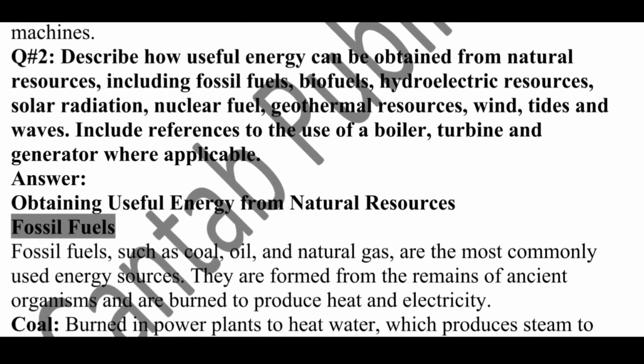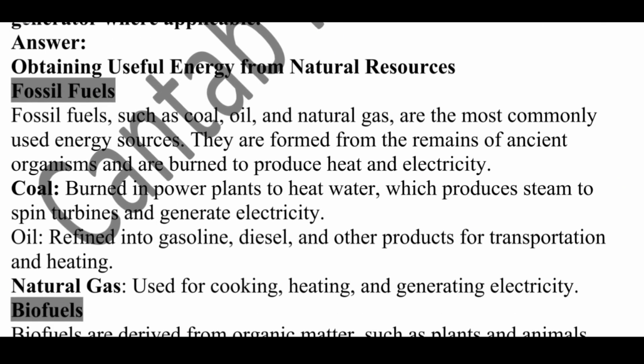Question number 2. Describe how useful energy can be obtained from natural resources, including fossil fuels, biofuels, hydroelectric resources, solar radiation, nuclear fuel, geothermal resources, wind, tides, and generator, where applicable. Its answer is, obtaining useful energy from natural resources. Fossil fuels. Fossil fuels such as coal, oil, and natural gas are the most commonly used energy sources.